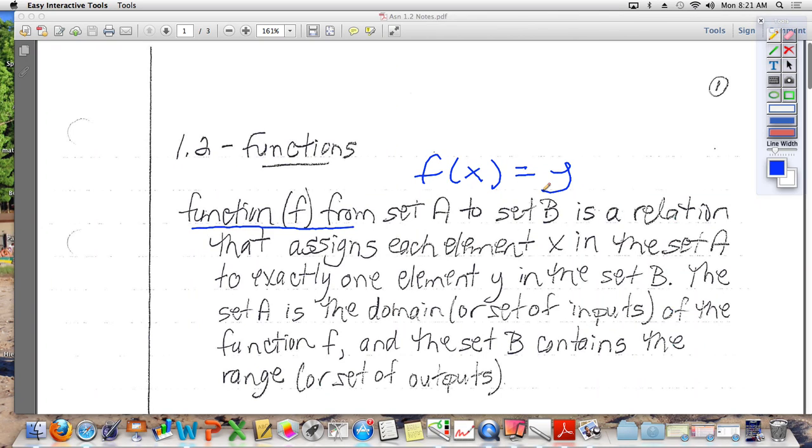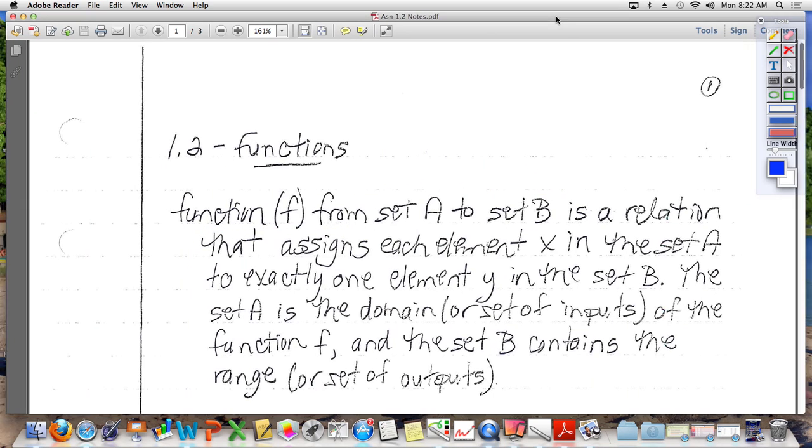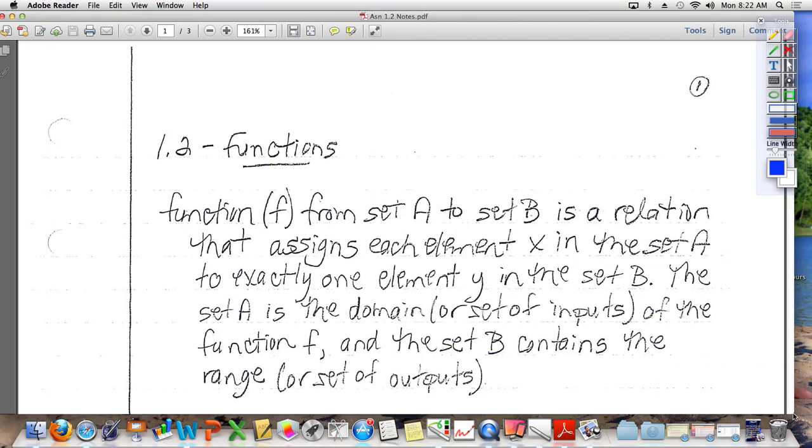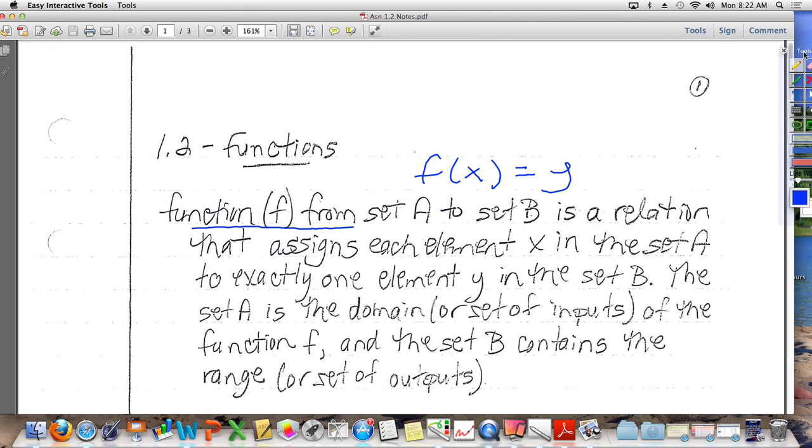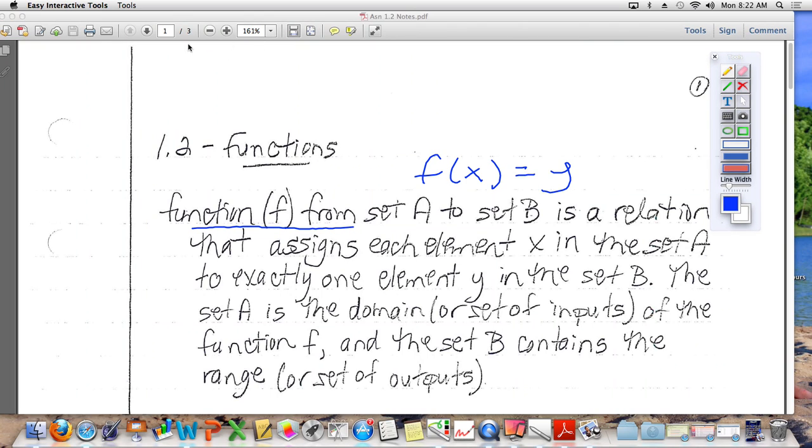So if I give you a function f from set A to B, it's a relation that assigns each element x in the set A to exactly one element in the set B. The set A is the domain or the set of inputs of the function, and the set B contains the range or the set of outputs. And this might sound a little strange right now, but I think once you guys see function notation, it's going to come back to you very, very quickly.